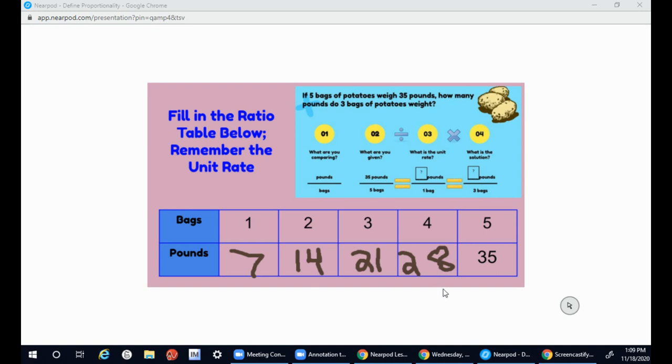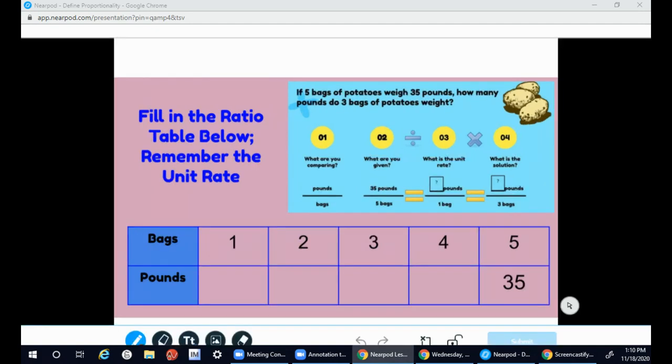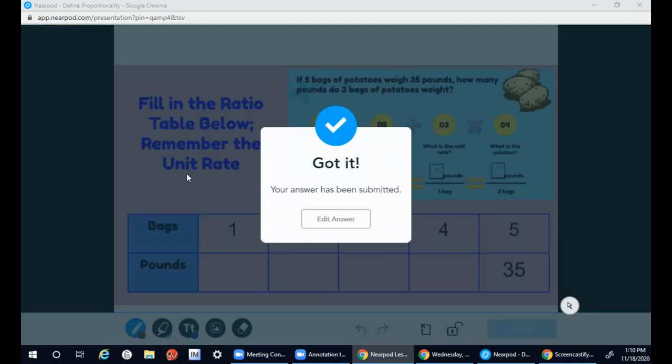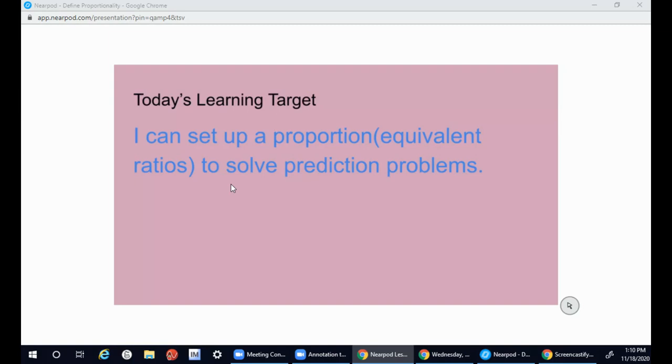I can repeatedly add the unit rate over and over again. Or yes, I can multiply because I see that multiplicative times 7, times 7, times 7, times 7, times 7. So here's what our goal is today. Our learning target today, and I'm going to be very explicit with this, says I can, let me get my pen back.